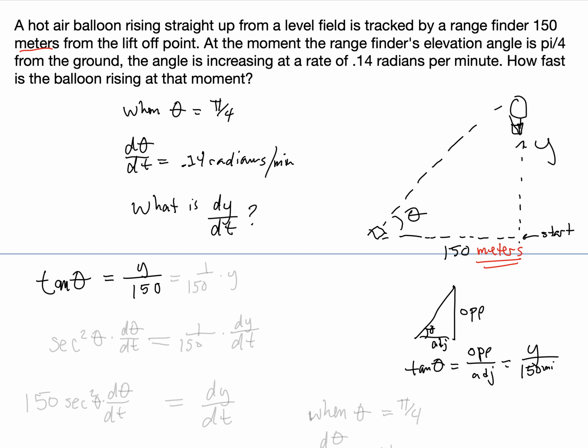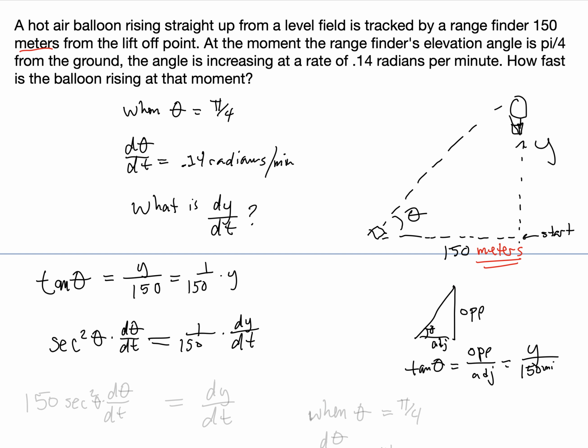Now we can take the derivative of both sides with respect to t. These are both functions of time. So the derivative of tangent of theta with respect to t is secant squared theta times d theta dt, the derivative of the inside function, is equal to, so y over 150 is the same as 1 over 150 times y. 1 over 150 is just a constant, times the derivative of y with respect to t, which is dy/dt.